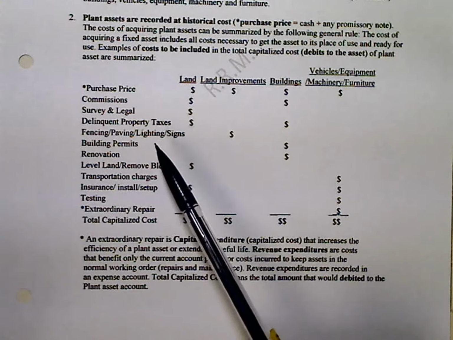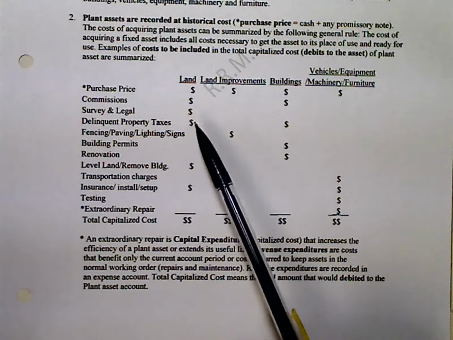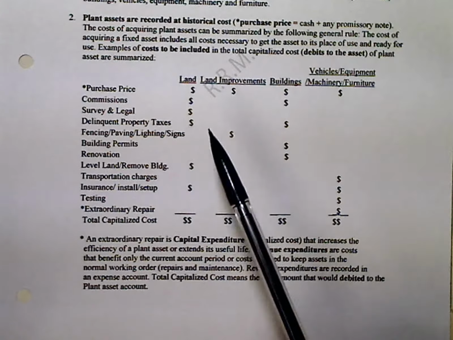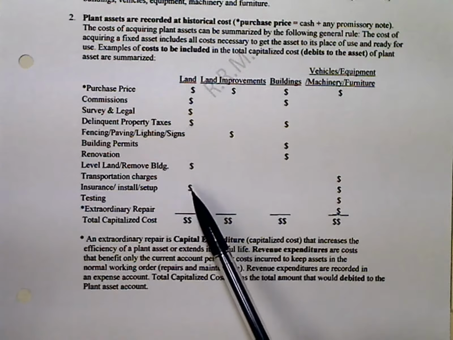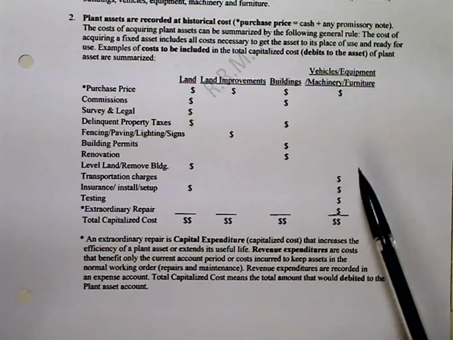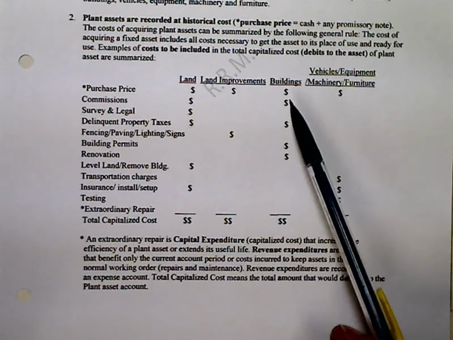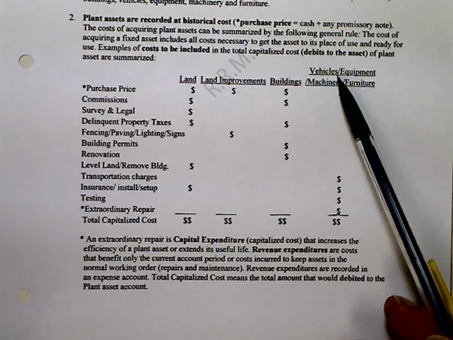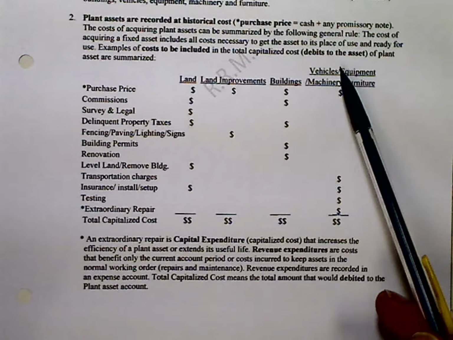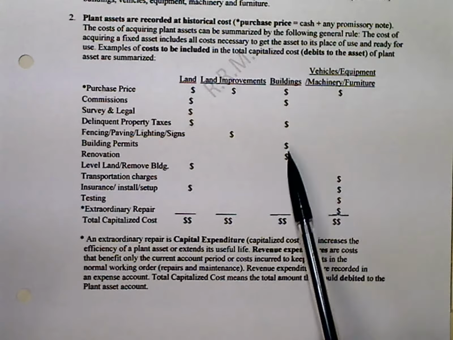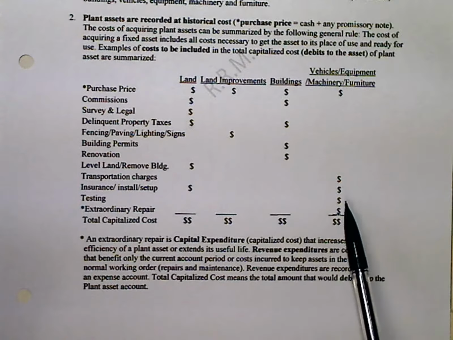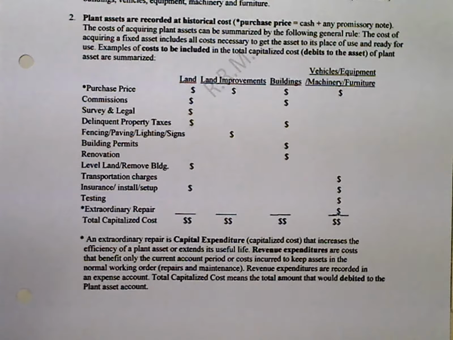We increase the cost of the land that was purchased. The same with each of these. In other words, what we're saying here, land improvements, buildings, vehicles, equipment, machinery, and furniture, into these types of assets, these are typically the kinds of costs that would be added to it.